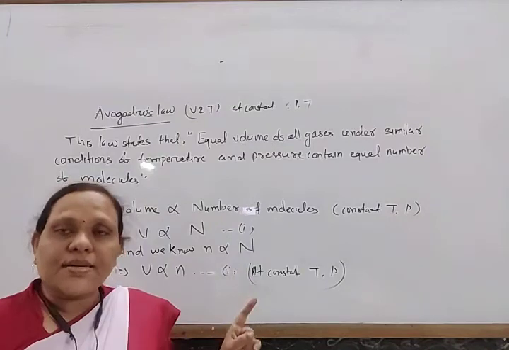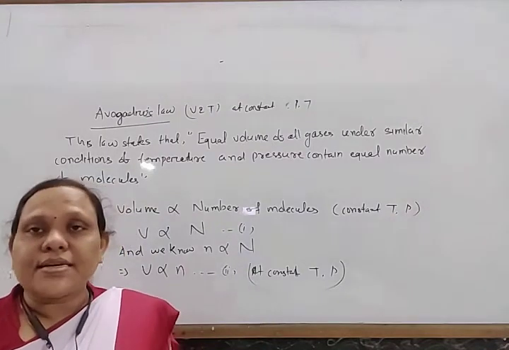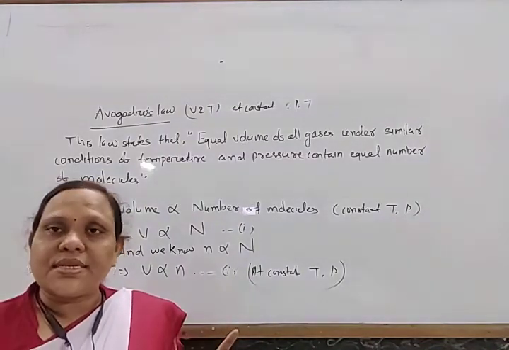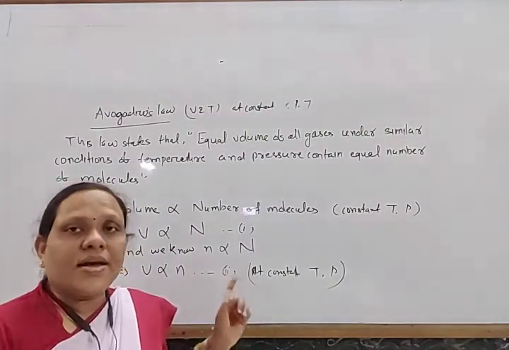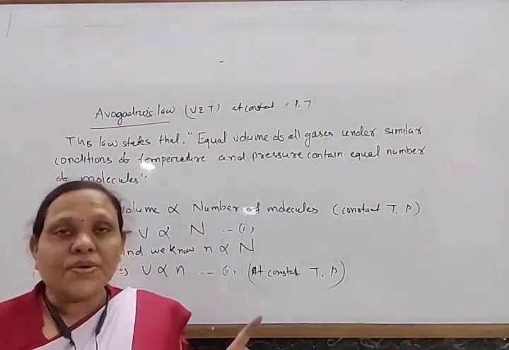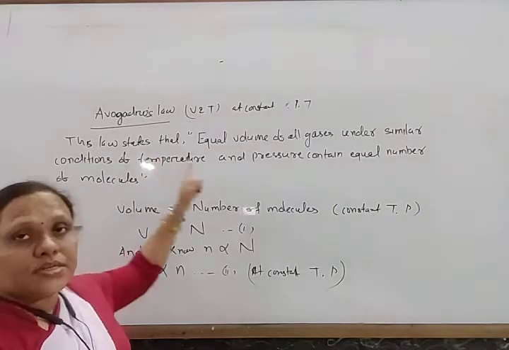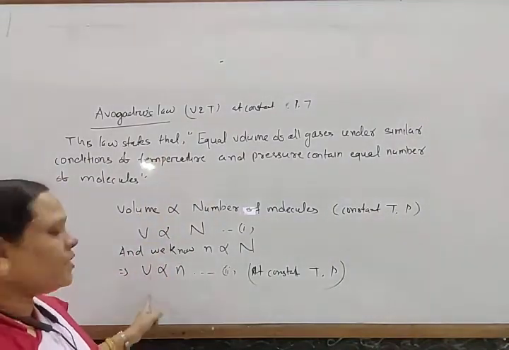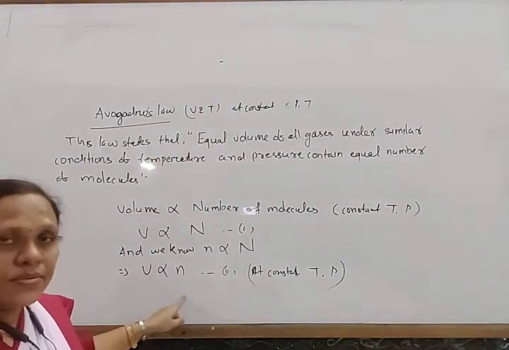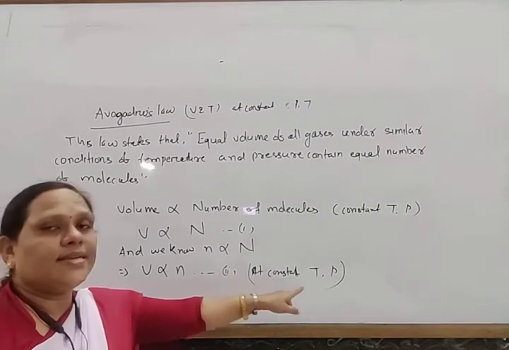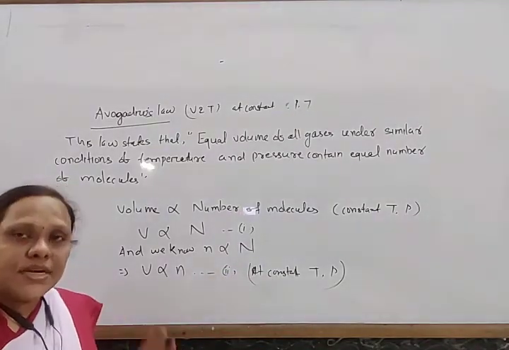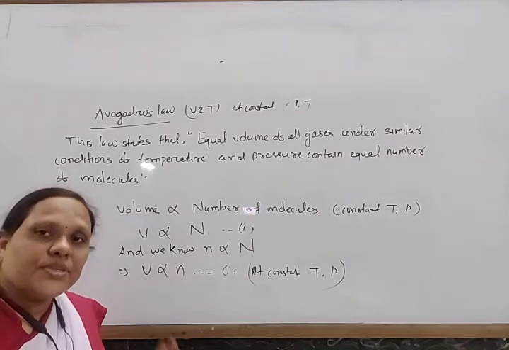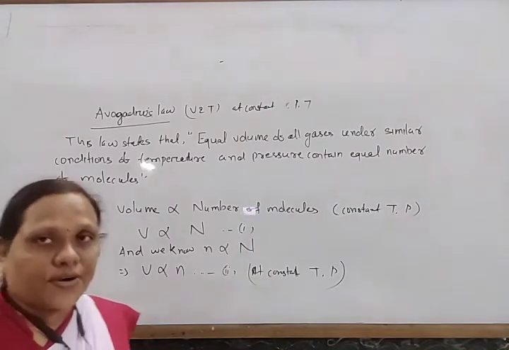Then Gay-Lussac's law: P is directly proportional to T at constant V and number of moles. And Avogadro's law is the relation between volume and number of moles at constant T and P. So these are the four generalizations, known as the four laws.